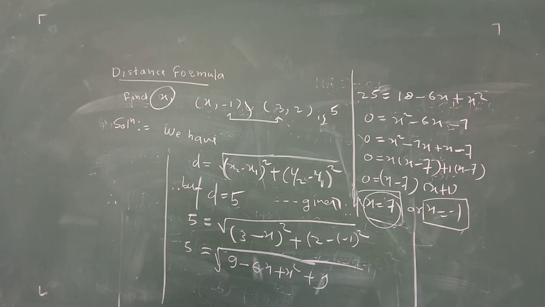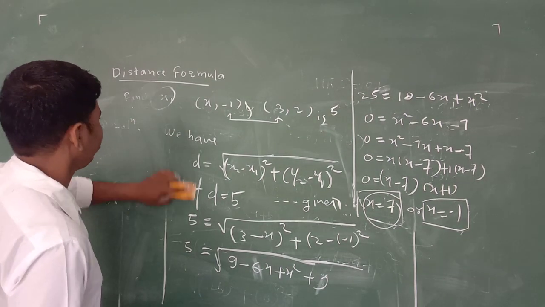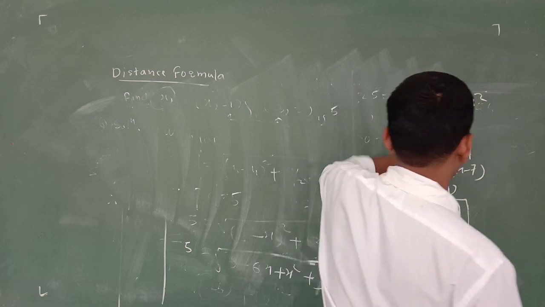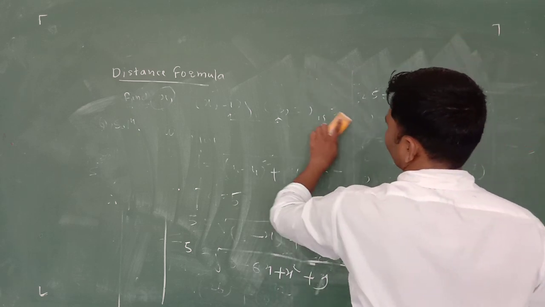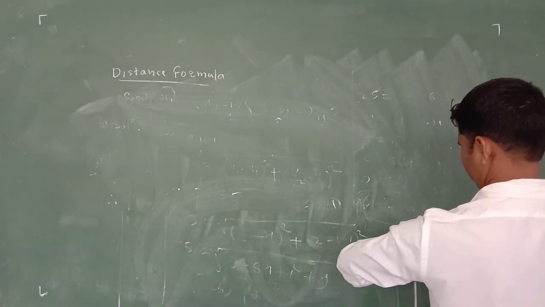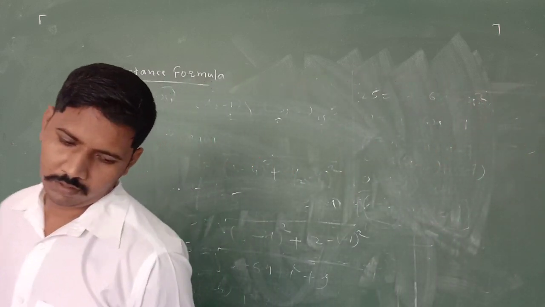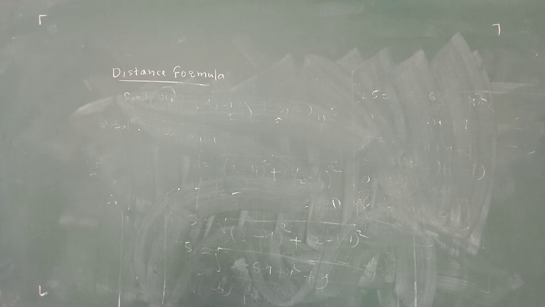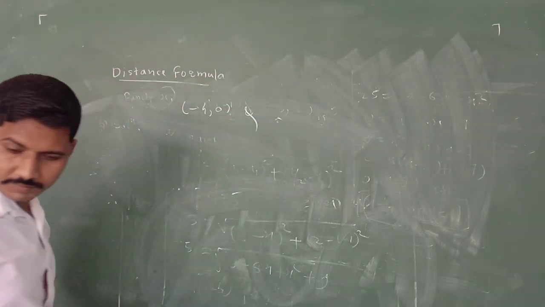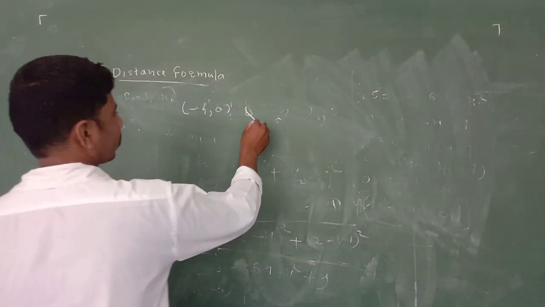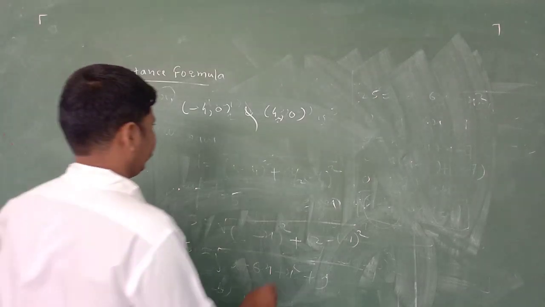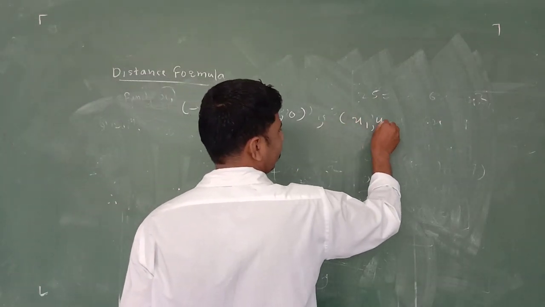There is one question. The given points -4, 0 and 4, 0 are the vertices of an equilateral triangle, and one more vertex is there that is not given, that we have to find out.